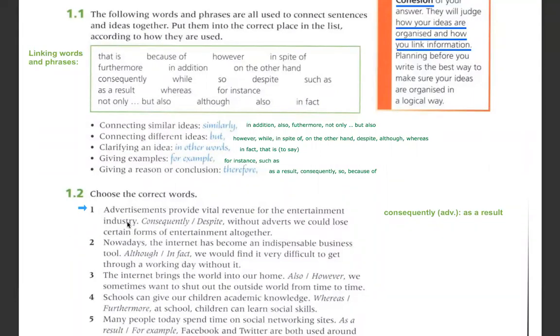Think about what we are trying to do here. Are we looking at similar ideas, different ideas, examples, conclusions, clarification? So please type either consequently or despite in the chat box.